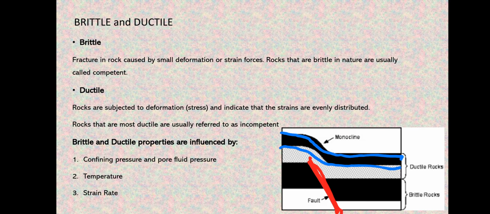It can bounce back if the stress is gone. Okay, so brittle and ductile properties are influenced by confining pressure, temperature, and strain rate.